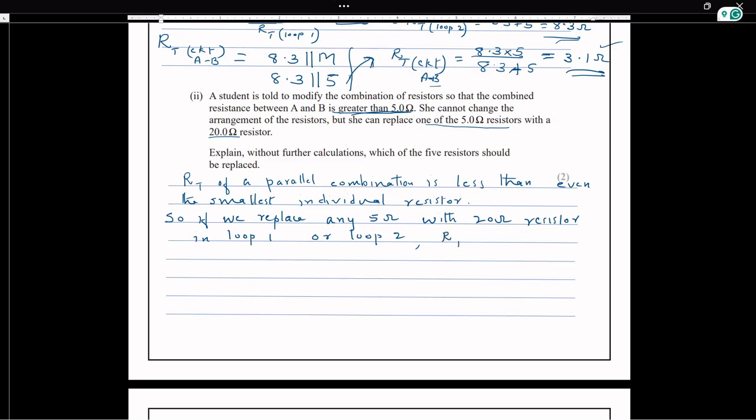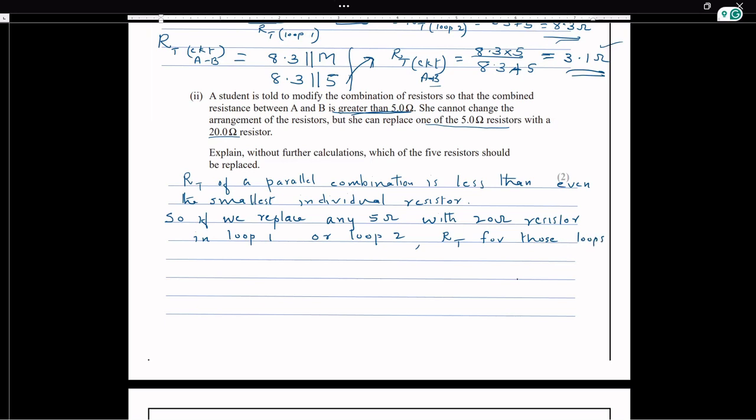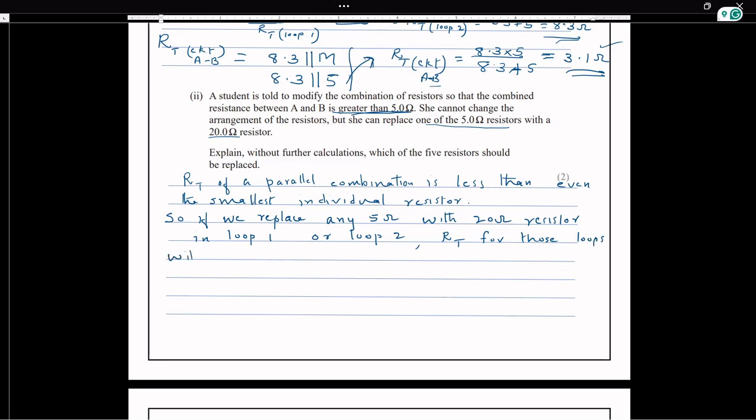R total for those loops will decrease further.